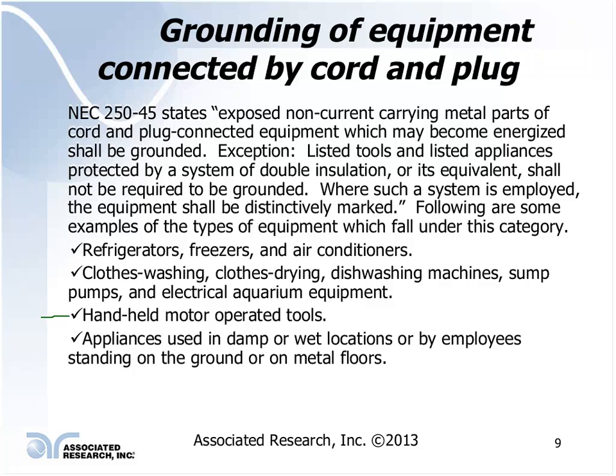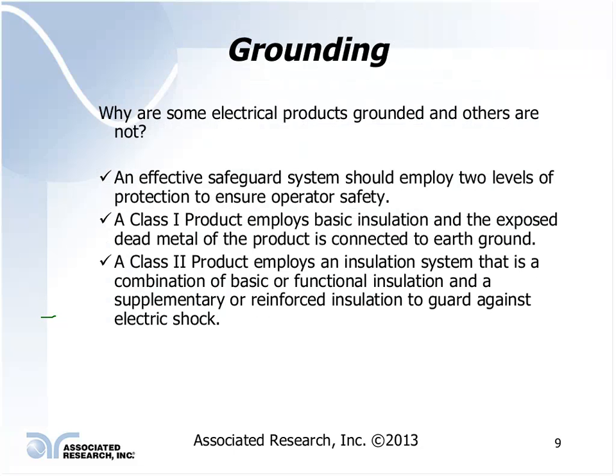Most of the products today are protected by double insulation, and a big reason for that is that the ground is probably the most commonly defeated safety feature built into the product today, one the operator can eliminate very easily. So it's kind of there to protect us against ourselves, from our own stupidity, from not using a product the way it's actually designed to be used. Okay.